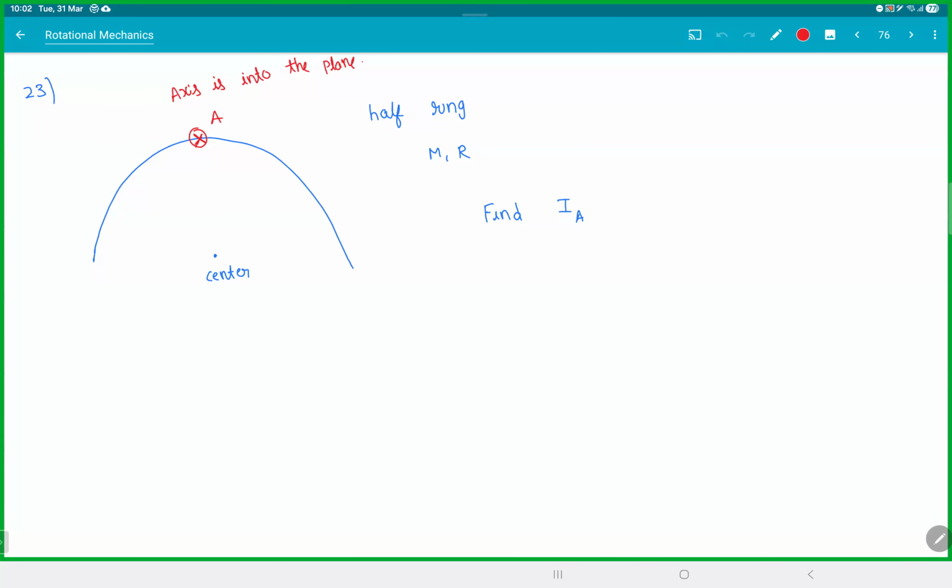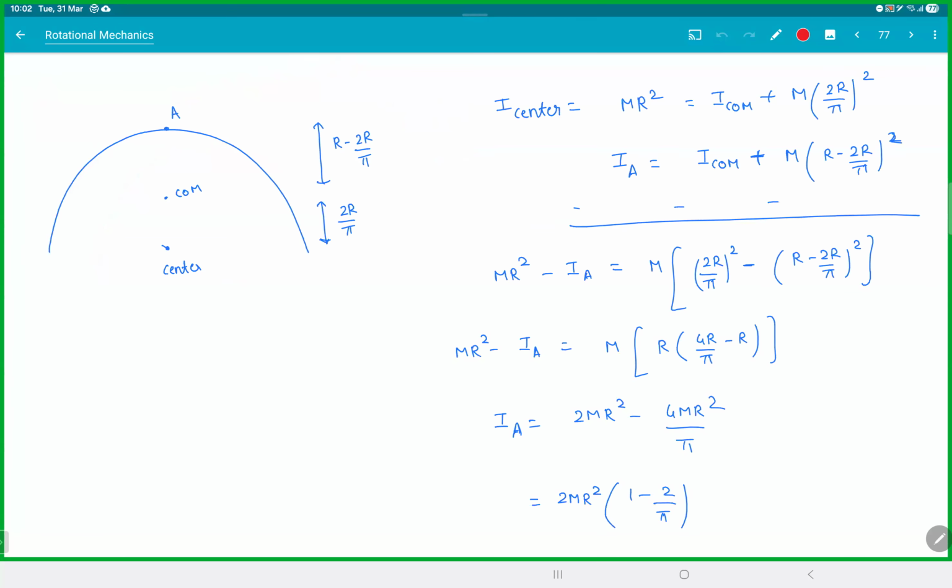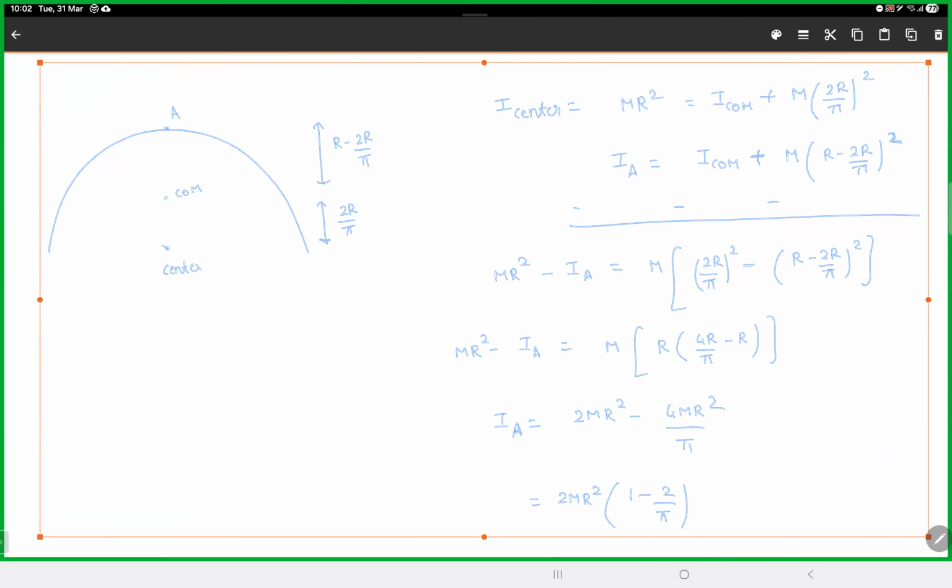Where is the center of mass? Center of mass is not the center of the ring. Anyone remembers where is the center of mass for a half ring? 2R by π. So this was the thing. This was the question. So when we did it there, I told you this will come again.